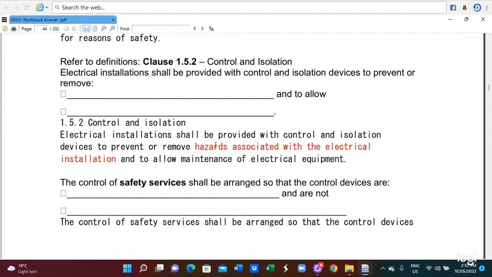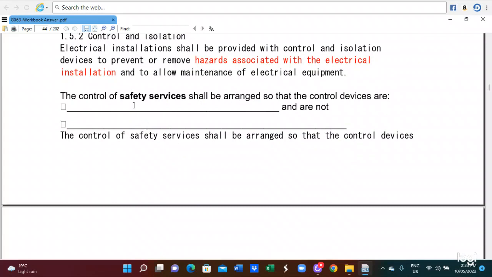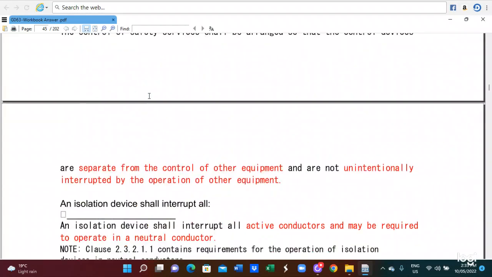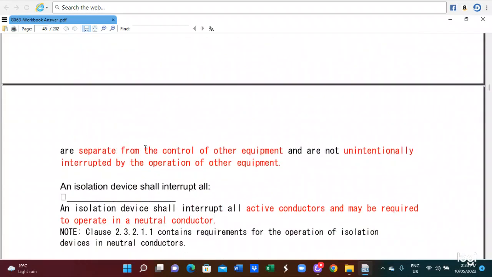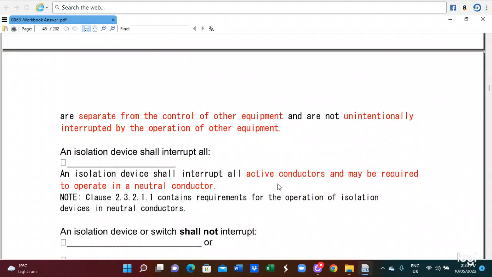Electrical installations shall be provided with control and isolation devices to prevent or remove the hazard associated with the electrical installation and to allow the maintenance of the electrical equipment. So this is clause 1.5.2, which mentions the control isolation. In this case, control safety devices need to be arranged so that they are separated from other equipment and not unintentionally interrupted by the operation of the other equipment.